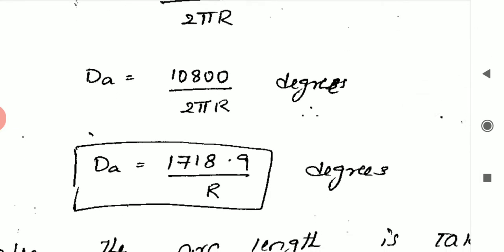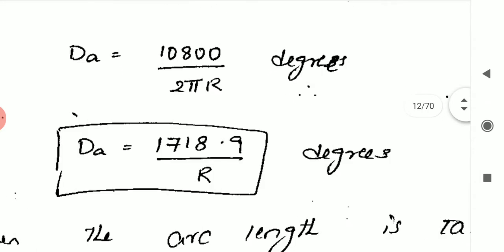After completion of this, we get 1718.9 divided by r degrees, when the arc length is taken as 30 meter.